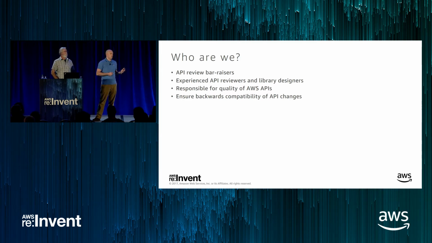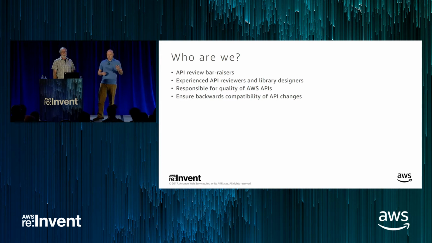It's a group of people who are passionate about designing APIs, have experience in this domain, and publish a set of internal standards to service teams. These service teams then use these standards when making changes to their APIs to understand what we consider to be legal, backwards compatible, versus things that are potentially going to break customers.